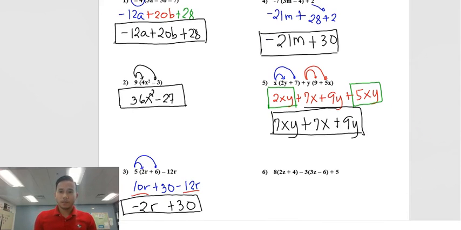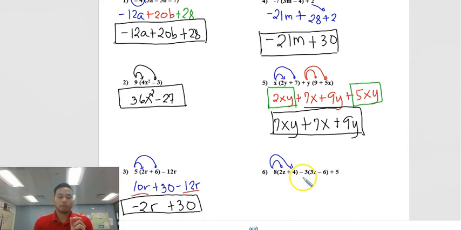Right? Next question is we have 8 the quantity 2z plus 4 minus 3 the quantity 3z minus 6 plus 5. So we are going to distribute 8 to 2z and 8 to 4. Then we have negative 3.